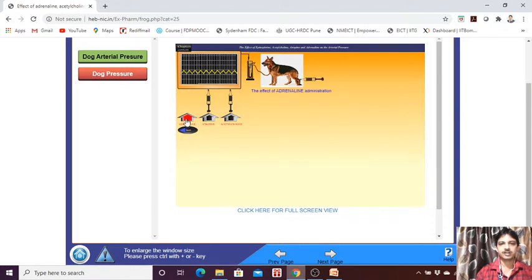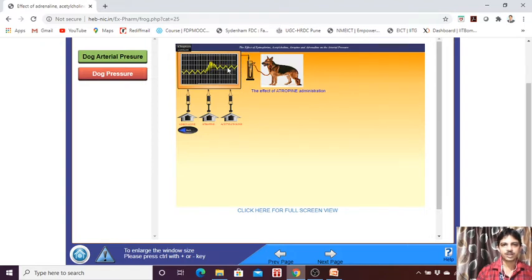So inject it. So after giving the atropine, you can find the responses.